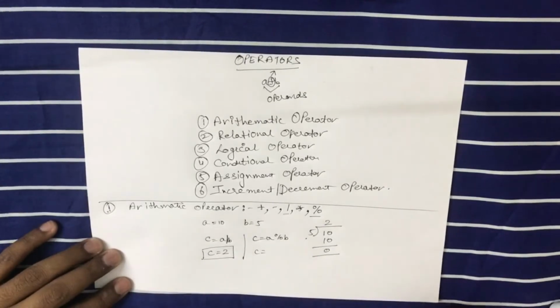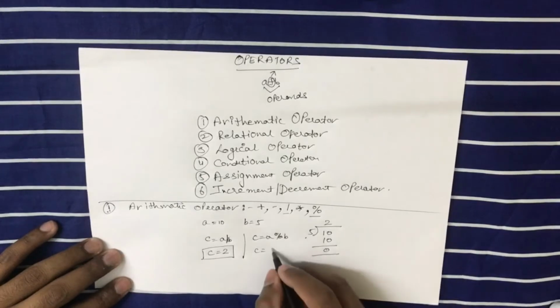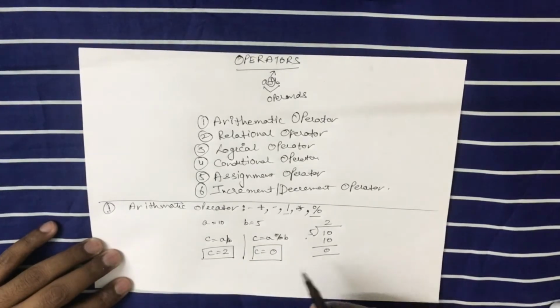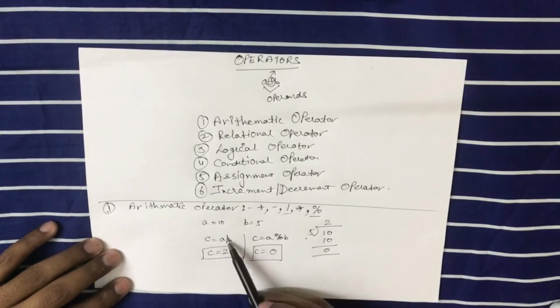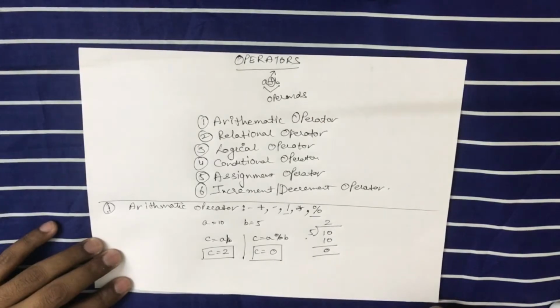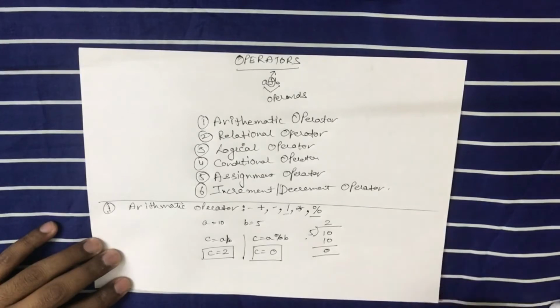If I use this symbol mod, in variable c, 0 would be stored. So if you want the quotient as your output, then you'll use this slash symbol. If you want the remainder of the division, then you'll use the mod symbol. So this was all about arithmetic operators.